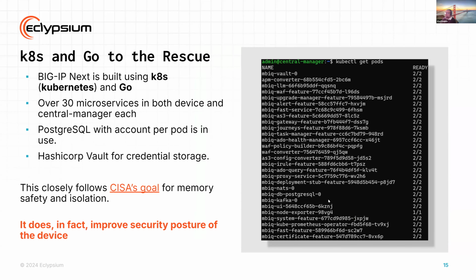So they are using Kubernetes and Go to actually fix quite a lot of their problems. It's built almost completely based on that. This is a screenshot of specifically Kubernetes pods running on a Big IP Central Manager platform. And there are about 30 of them. I don't think I fit all of them in a screenshot.